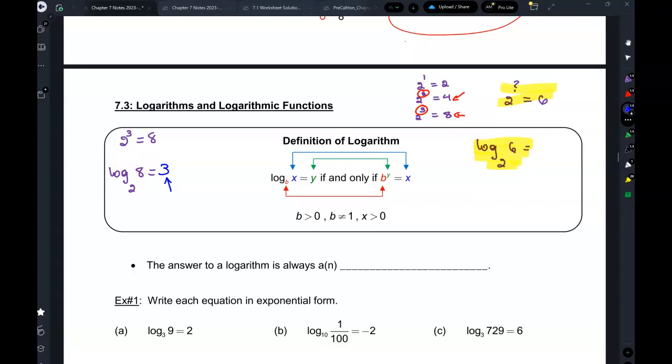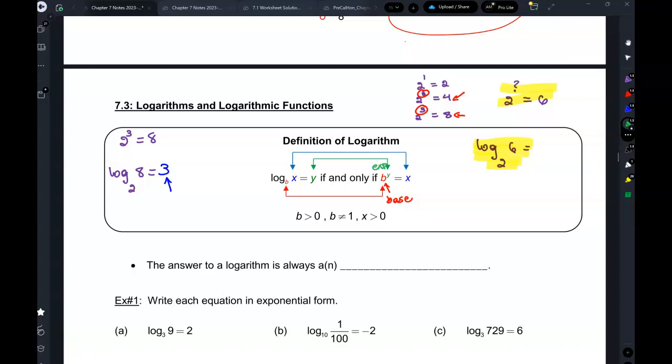Okay, so let's take a look here for a minute. I have b to the y is equal to x right here. B is the base. Y is the exponent. And then x is the value of the power, right? 8, 4, 32, and so on.